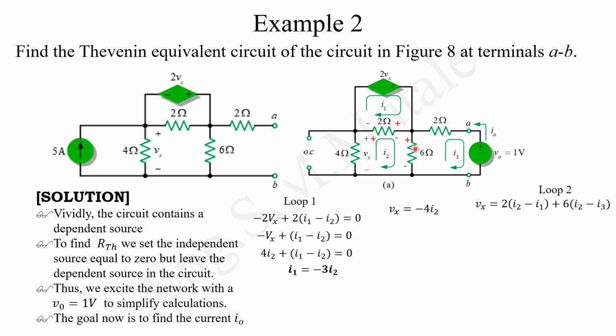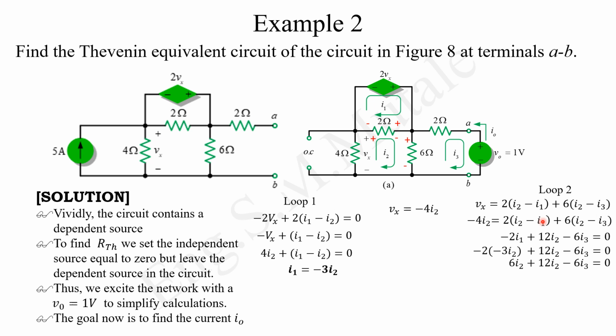For this resistance here, you have 6, which is this one here. The currents involved, I2 is entering from the positive, that's why we've got positive I2. But I3 is entering from the negative, you have this one here. From there, we know the value of Vx, which is this one here. If we substitute and simplify, we are going to get this equation coming to this.